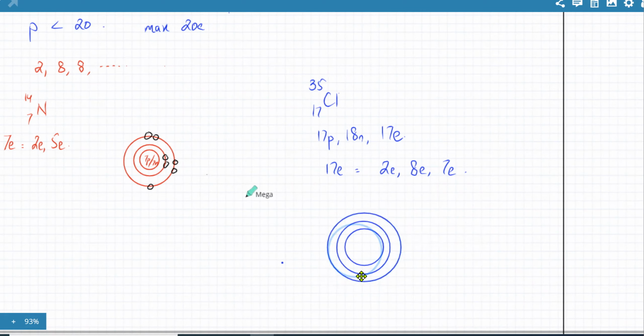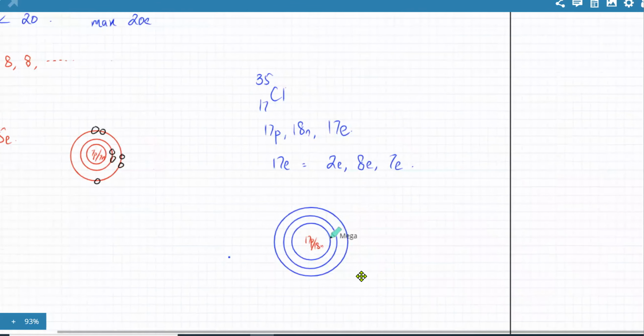The protons and neutrons are in the nucleus, so it's got 17 protons and how many? 18 neutrons. And 17 electrons are going to be filled in this way. It's going to be 2 in the first one, 8 in the second one, and there would be just 7 electrons in the last one, and you're going to run out of electrons. So that's 7 electrons in the last one.